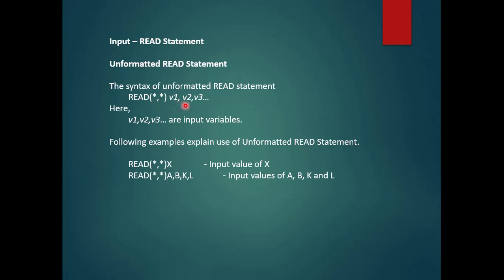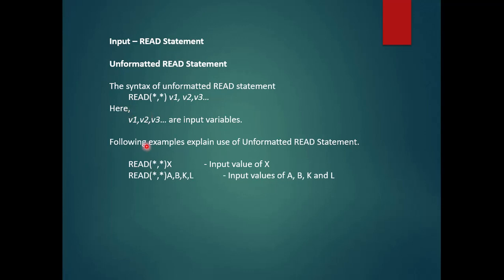So v1, v2, v3 are the variables. This is what is to be read. v1, v2, v3 are the input variables.